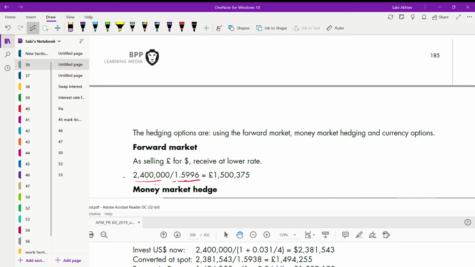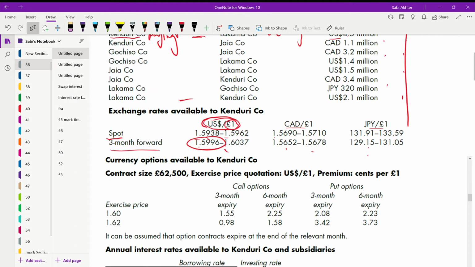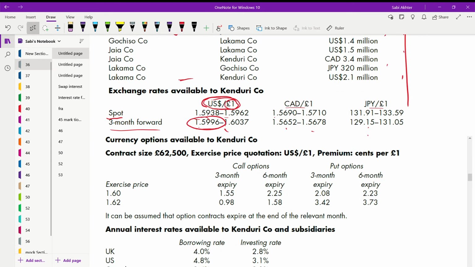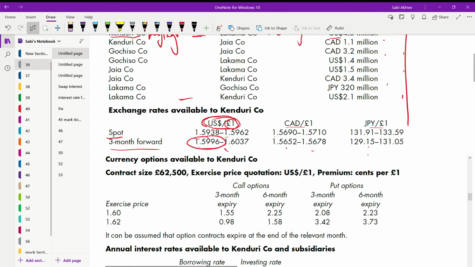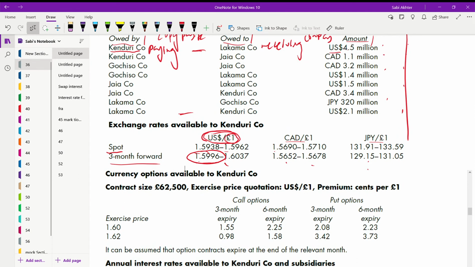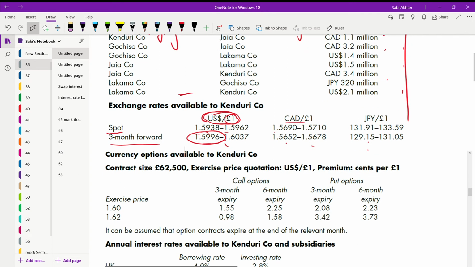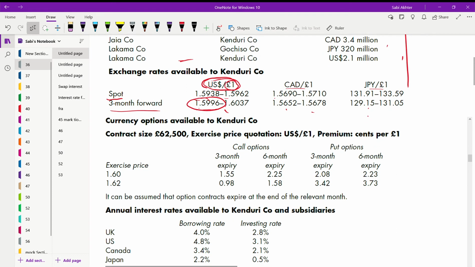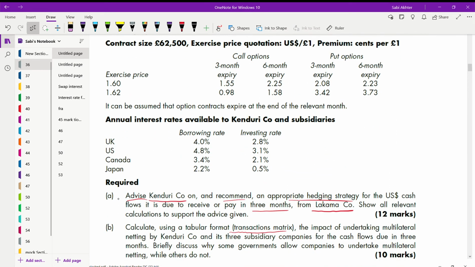Now coming to money market hedge, the next one, as you can see. Seeing all the information, you will know what the hedging strategies are. Because a 3-month forward is there, it means you have to use forward. Now you can see option is there, which means you have to calculate options. Also you are given the borrowing rate and lending rate. These are some key areas, some smart techniques, I would say.